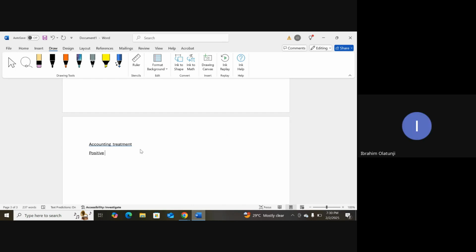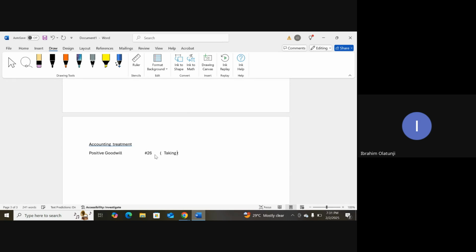Let's assume the examiner asks you to prepare the statement of financial position. You will take this 26 as part of your goodwill. The format is that you have non-current assets: property, plant and equipment, goodwill. So that goodwill will form part of your non-current assets. That's why we say we are taking it to the statement of financial position.